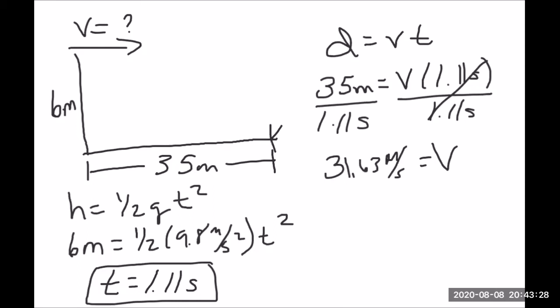And if you rounded and did the 35 divided by the 1.11 and didn't leave it in your calculator, you got 31.53 meters per second. Both are close enough.